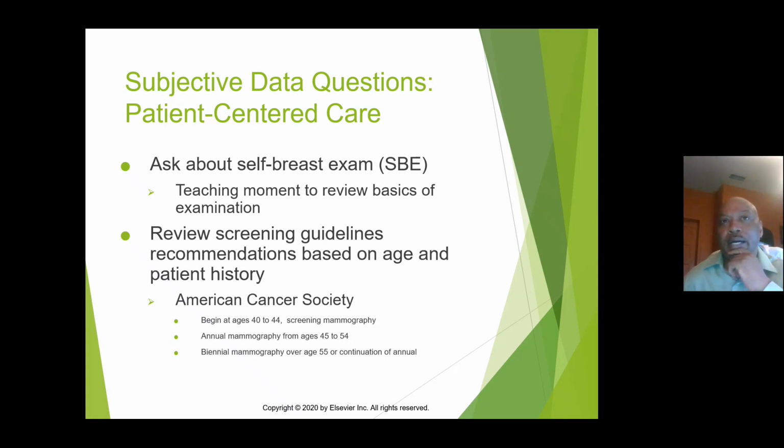It's kind of like when you think about prostate examinations. Usually you start around 50 years of age, but with African Americans, because we have a greater risk factor for prostate cancer, we're usually informed to start around 45, maybe sometimes even 40, especially if you have a first degree relative.